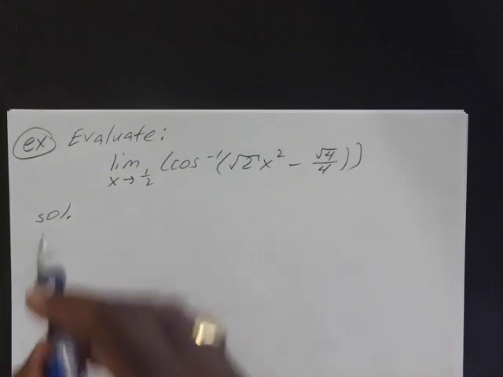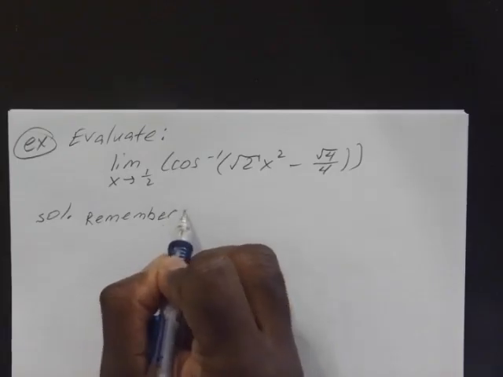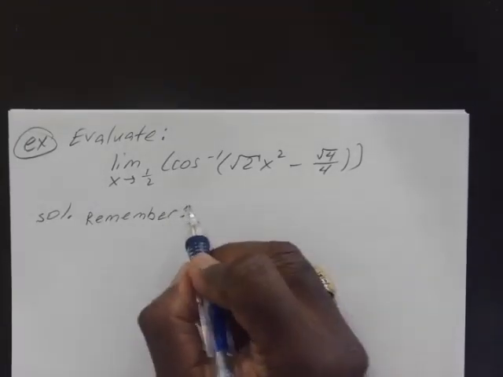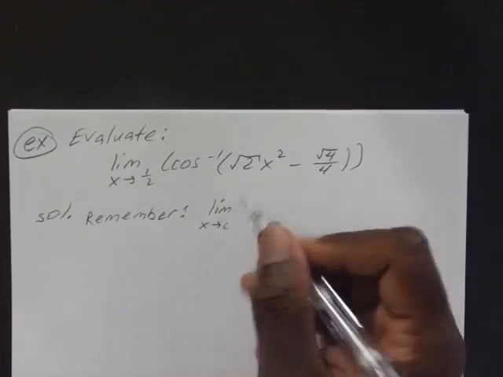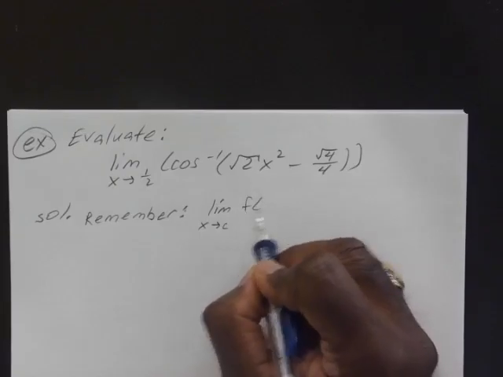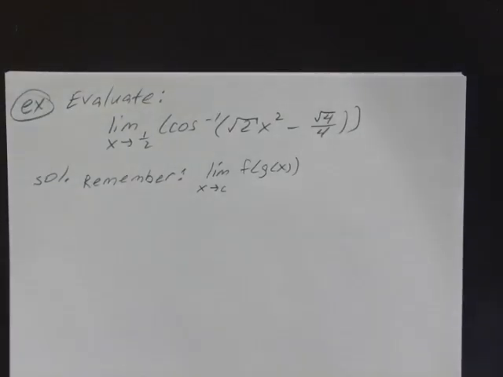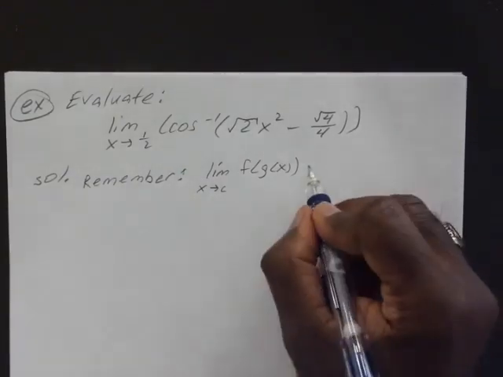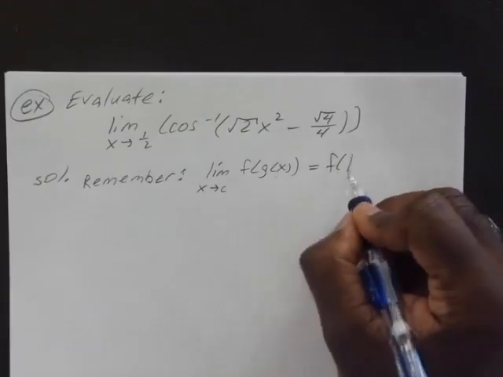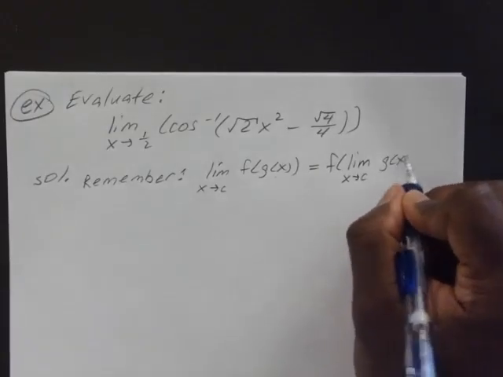So with this one, or any question like this, you just want to remember that if you have the limit as x approaches c of any composite function, say f of g of x, that limit only applies to the same independent variable function, so we could rewrite that as f of the limit as x approaches c of g of x.